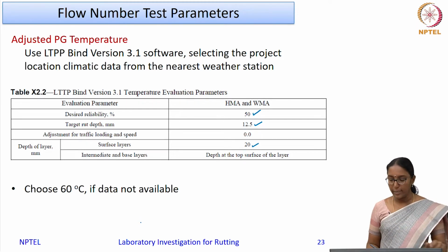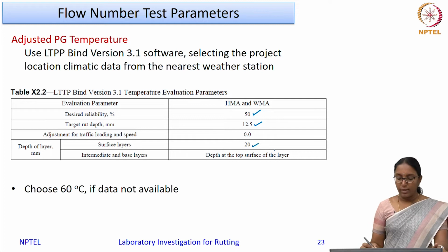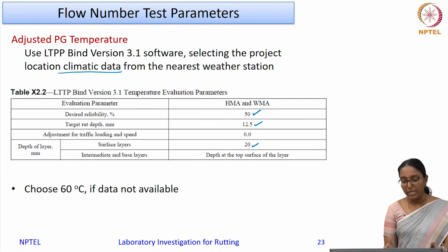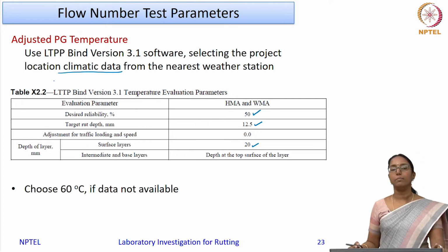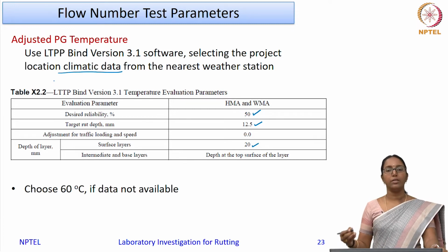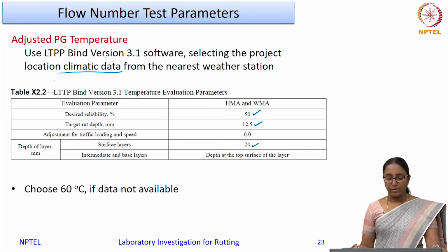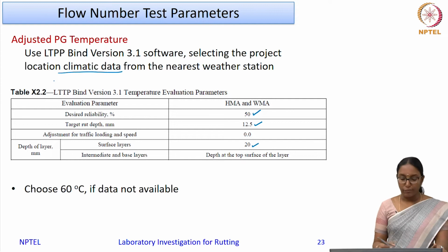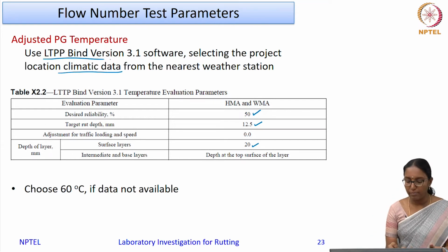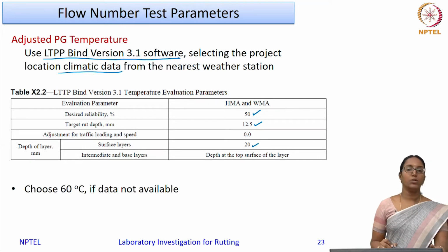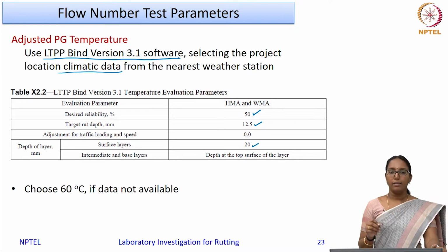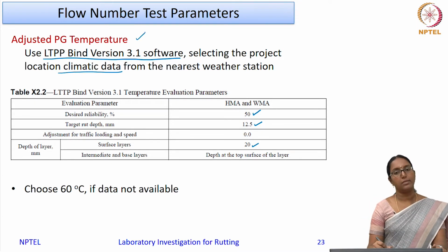Then you collect the climatic data from a nearby climatic station in your project region, and you use all this information in the Long-Term Pavement Performance software, version 3.1, and then you find out the adjusted PG temperature.